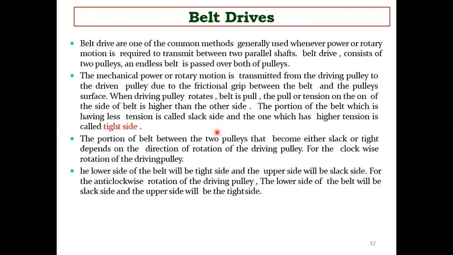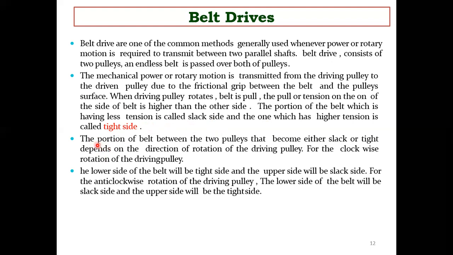When the driving pulley rotates, the belt is pulled. The pull or tension on one side of the belt is higher than the other side. The portion of the belt which has less tension is called the slack side. The one which has higher tension is called the tight side.